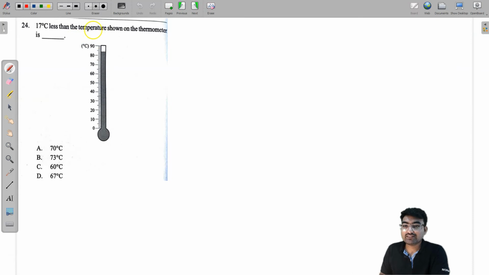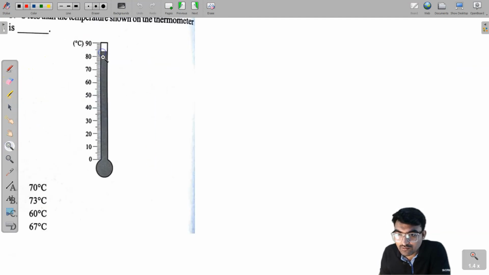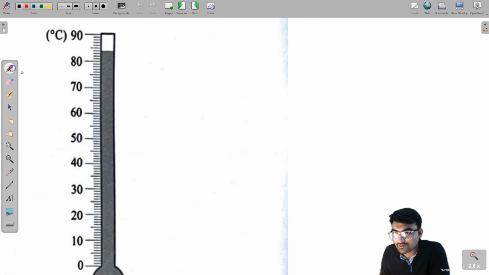17 degrees less than the temperature shown on the thermometer is. Okay, we'll just have a look at this from a close point of view. So what is it? This is 80, 81, 82, 83, and this is 84. So it is 84, and we have to subtract 17 out of it, right?